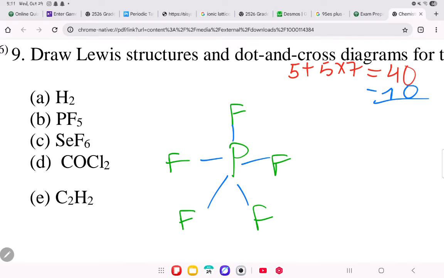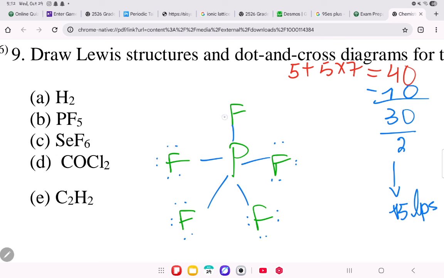We already used 10, so we're left with 30. 30 divided by 2, to get the lone pairs, of course, we will get 15 lone pairs. Now we start by putting the lone pairs. So we have 15 lone pairs: 1, 2, 3, 4, 5, 6, 7, 8, 9, 10, 11, 12, 13, 14, and 15. Just like that, we finished with the lone pairs.